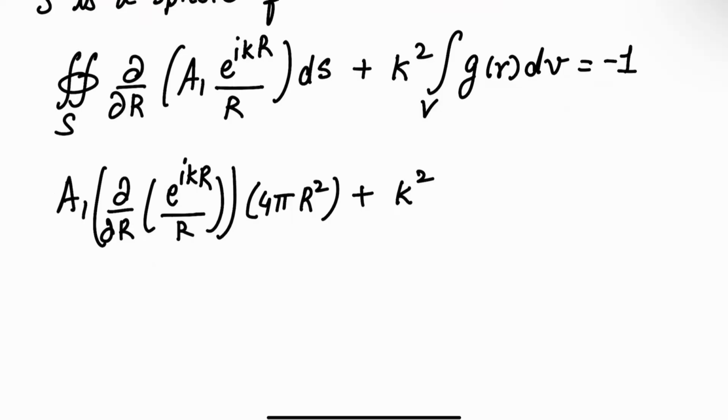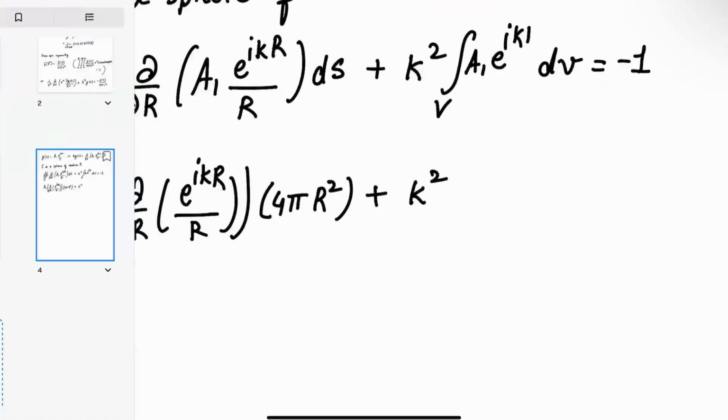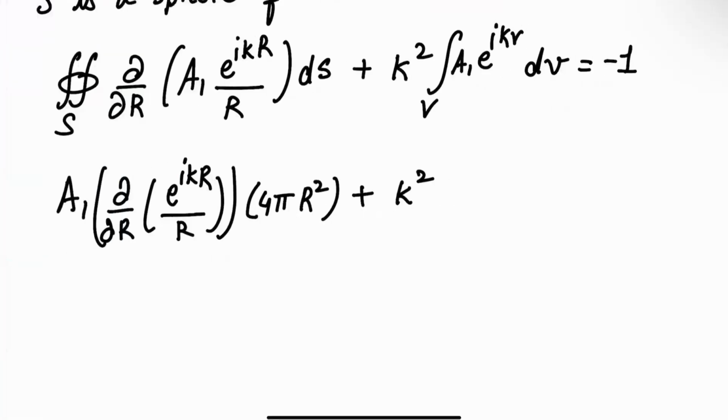so let me actually write that out. So here I have A1 e to the ikr. This is small r now, or little r, because this is over a volume, right? Since this is only varying in r, I can evaluate the theta and phi integral part of it. That gives me 4 pi.